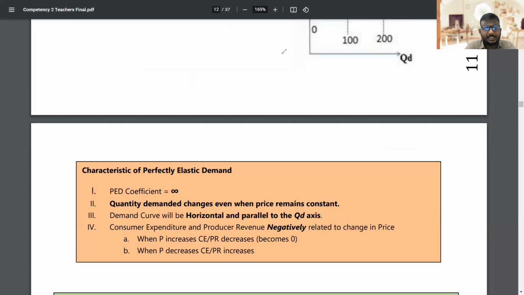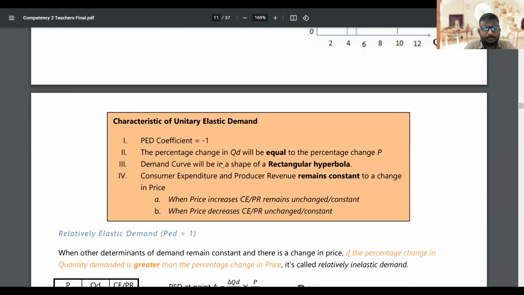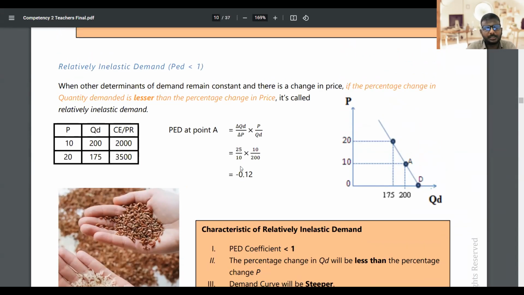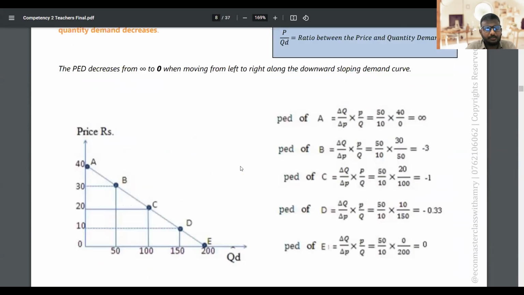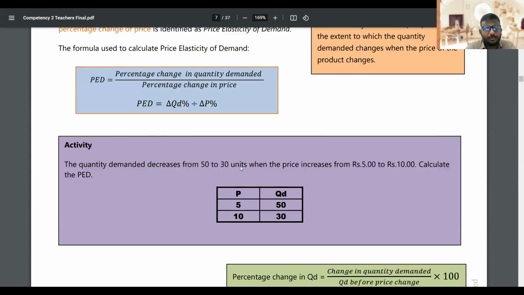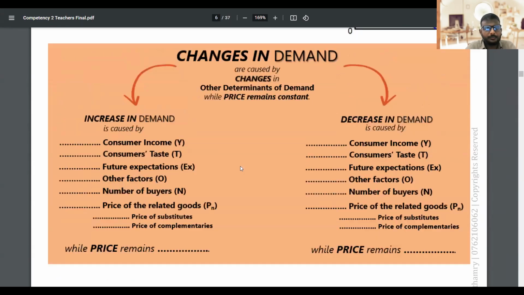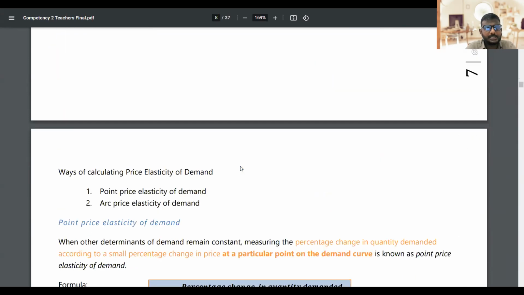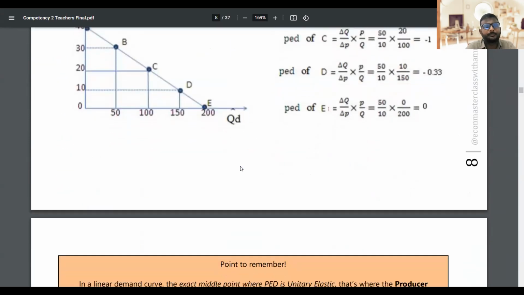Actually, the answer is, probably it's in the syllabus also, even though it's not very direct, but it's in the syllabus. You can learn it when you learn about point price elasticity of demand here.